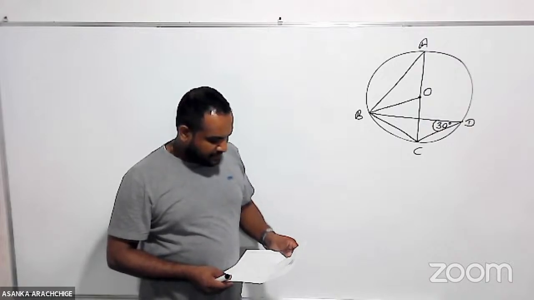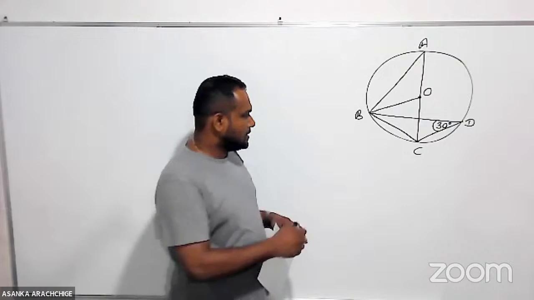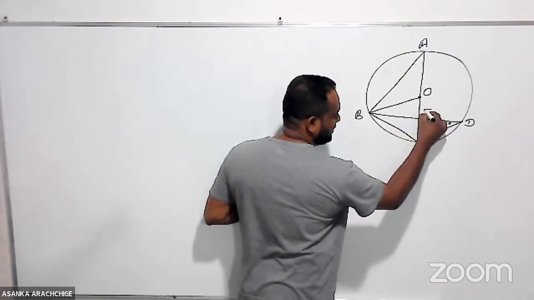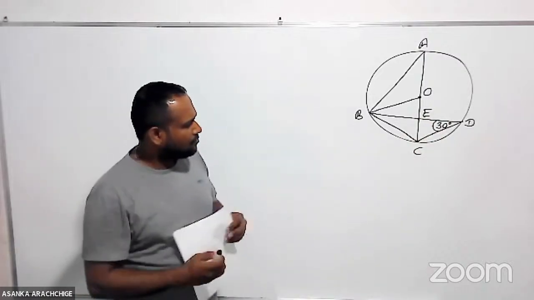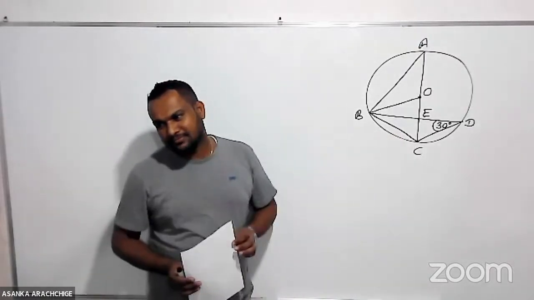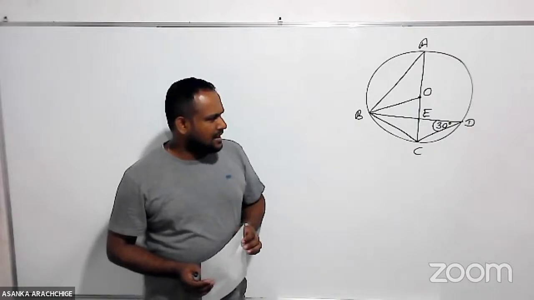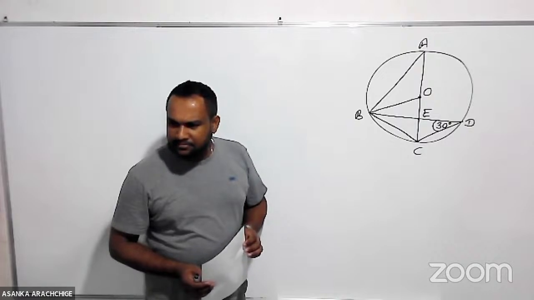AC is the diameter of the circle with center O. E is this point of intersection, no? You say DEC. What is the reason? No. We are not given that there are any perpendiculars in this diagram.